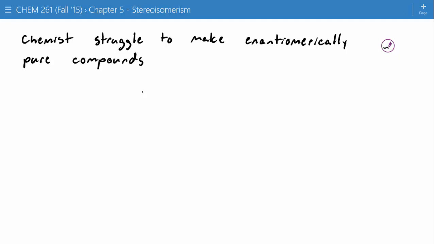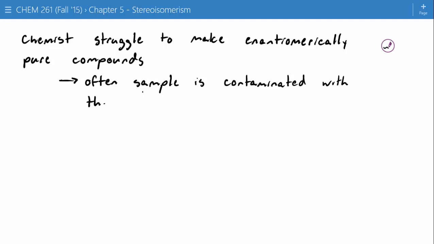Another way of thinking about that is oftentimes the sample is contaminated with the opposite hand. The opposite-handed version.